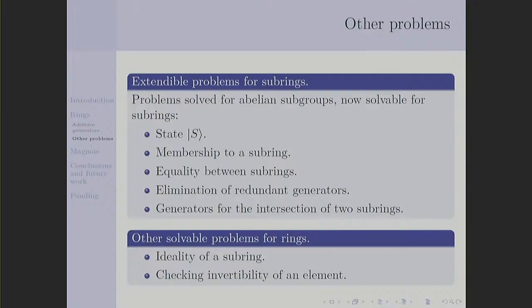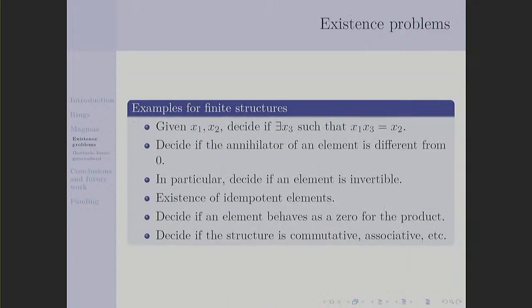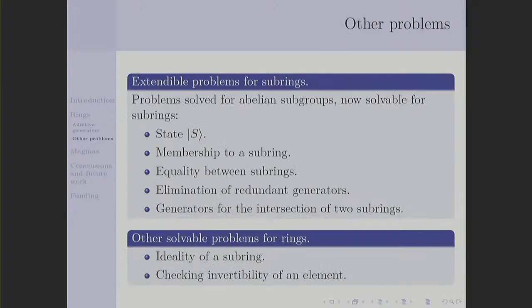Now that we have a lot of new results available for rings, we can try to solve other problems that are specific to subrings, for example, the ideality of a subring, or even checking the invertibility of an element of the ring. All of these are solved in polynomial time, quantumly, and none of them has a polynomial classical solution, at least to the best of our knowledge.